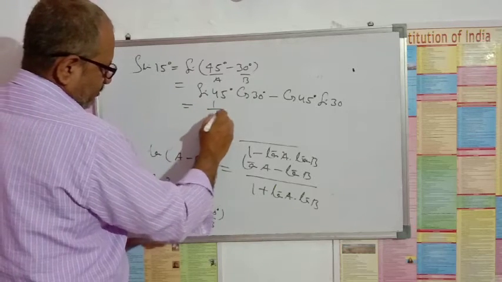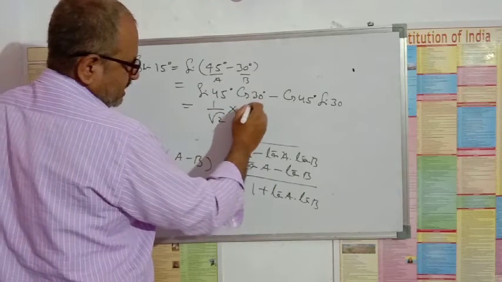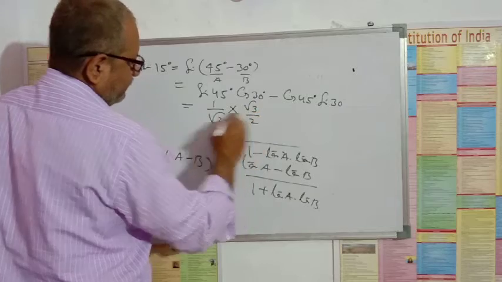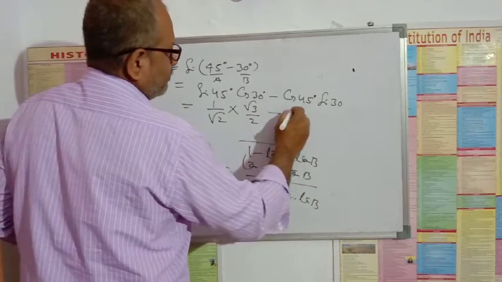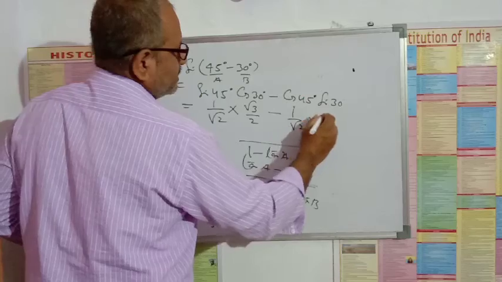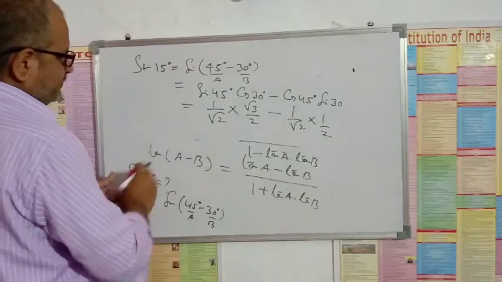Sin 45 is 1 by root 2, cos 30 is root 3 by 2, cos 45 is 1 by root 2, sin 30 is 1 by 2.